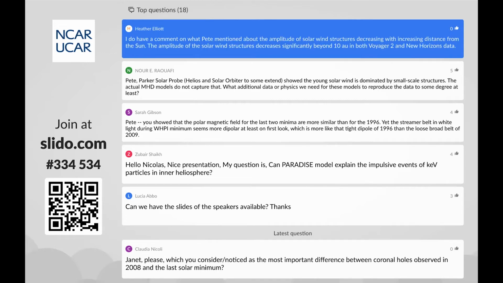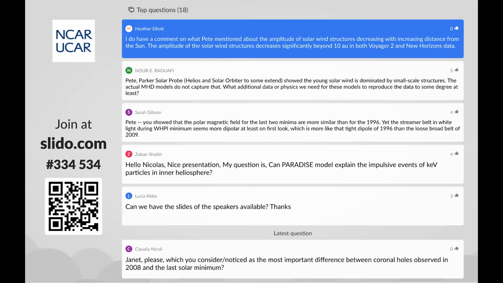Okay, thank you. And Pete, I see you have your hand up. Yeah, just to follow on from what Yiming said. There's a relative balance between the large scale dipole field that you see in the polar regions, which is what I emphasized in my talk when I was making the comparison about the most recent minimum and the 2008 minimum being similar. But what I didn't mention was the relative contribution from mid-latitude active regions.